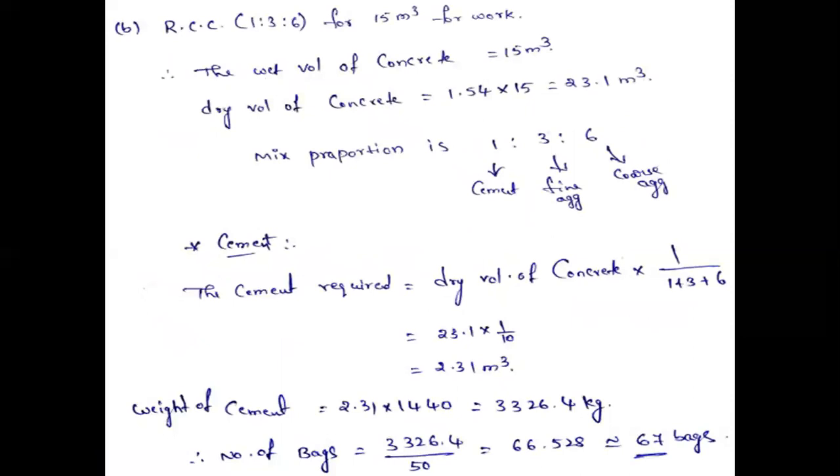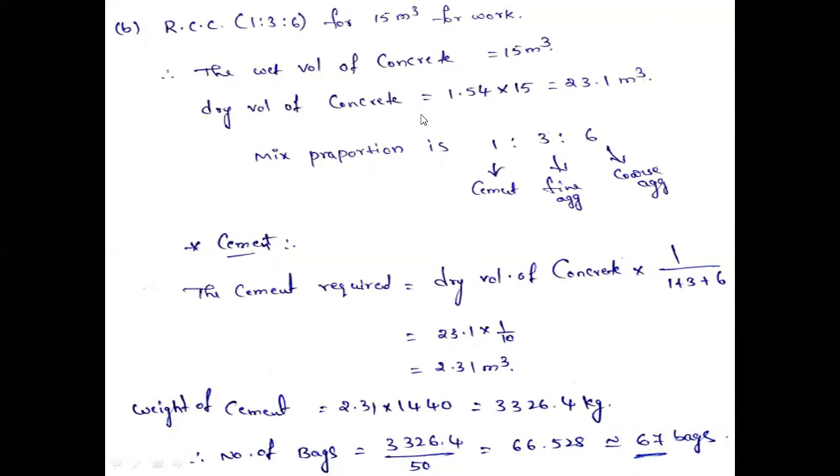Next, the second one is the RCC, reinforced cement concrete, 1:3:6 for 15 cubic meter of work. So here also we find the dry volume of concrete and the requirement of cement, fine aggregates and coarse aggregates in the mix proportion. First, the wet volume of concrete is equal to 15 cubic meters.